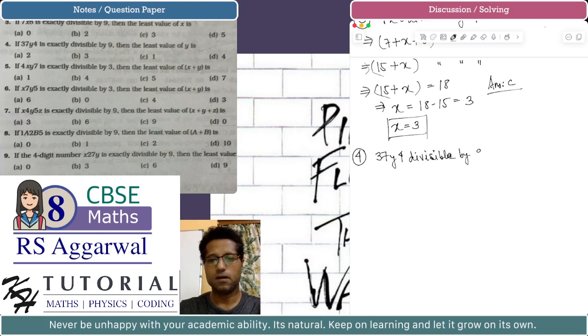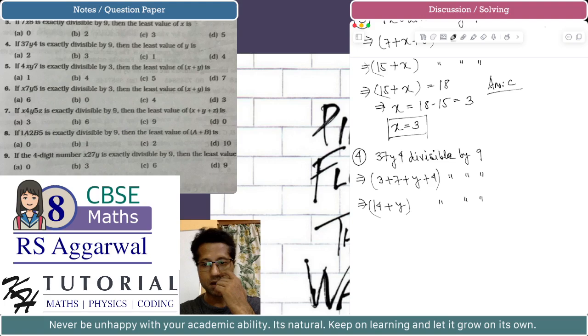So we must have the sum of the digits, that is 3 plus 7 plus y plus 4, divisible by 9. So this will imply 14 plus y must be divisible by 9.